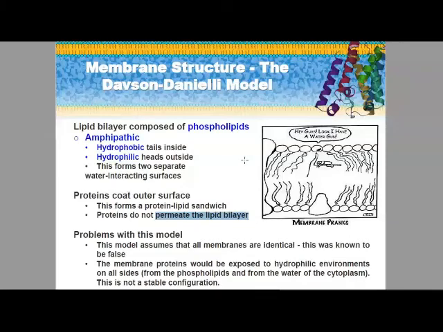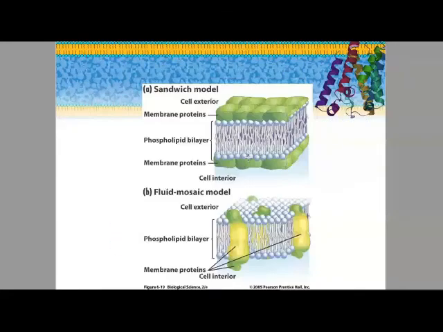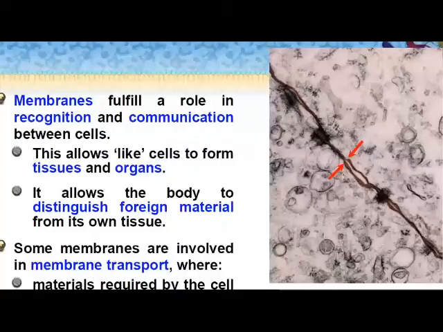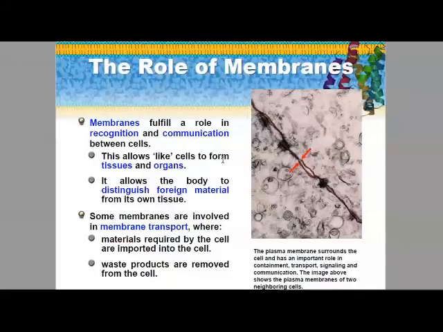Eventually, it was rejected based on some evidence of some electron micrographs, where they noticed, like in this one, that based on the sandwich model, the interaction between the membranes of two cells wouldn't be possible, or at least not functional. Okay.